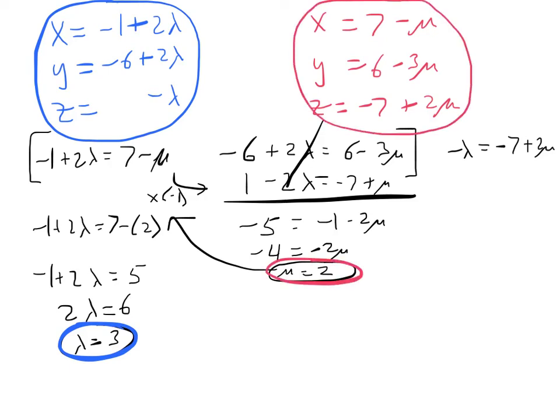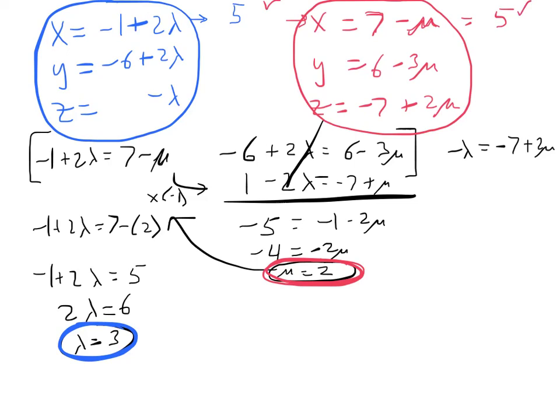In an effort to save space, I'm just going to do them to the right of there. So when I plug in 3 for that one, I get -1 plus 6, that's 5. When I plug in 2, now I'm going over to the red equations. When I plug in 2 for this x, I end up with 7 minus 2, which is again 5. Those check out, which means I'm good to keep going.